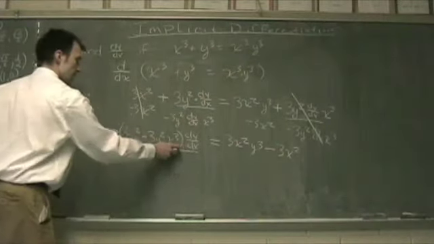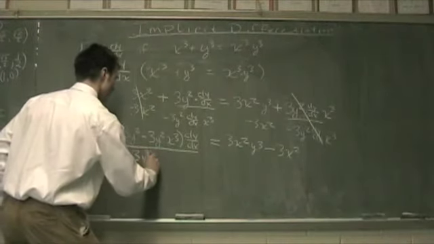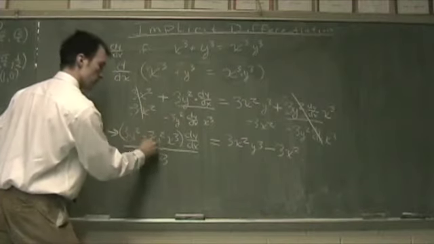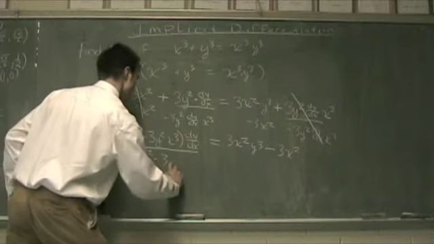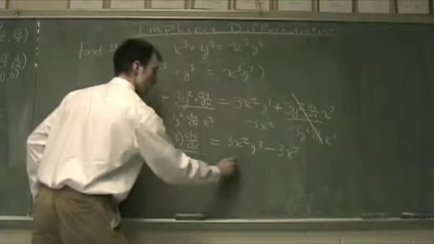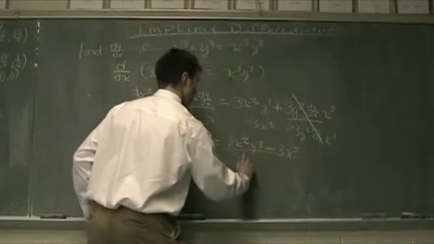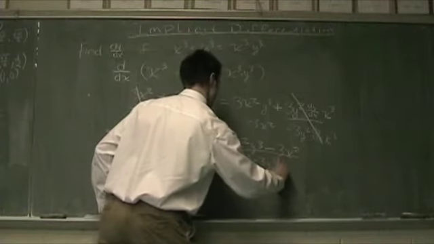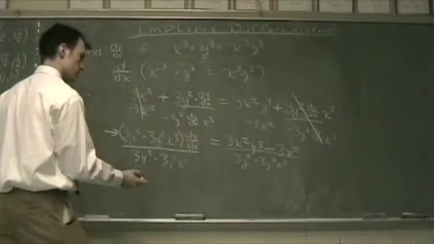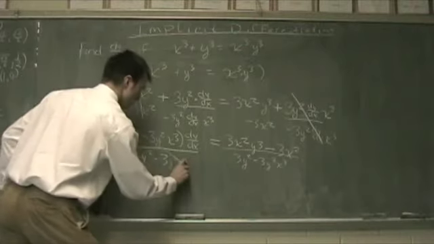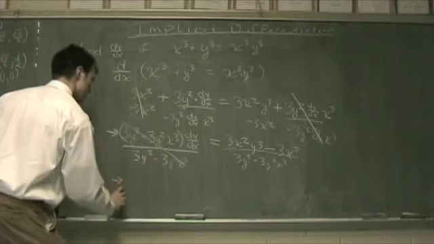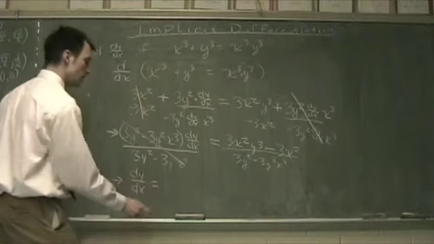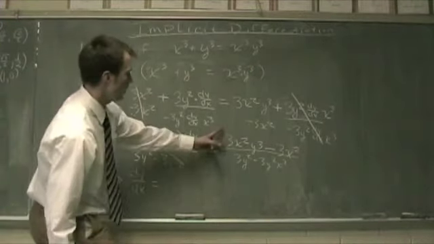Right now I just need to divide both sides by this coefficient out here, this 3y squared minus 3y squared x cubed. And as that happens, this reduces to 1, leaving me with dy over dx is equal to, well, let's see over here.